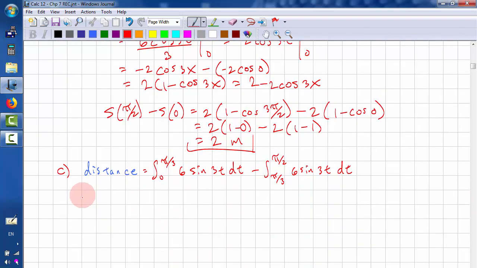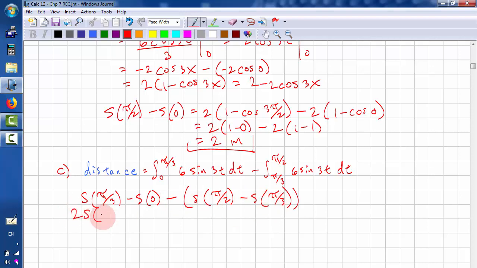And if we're doing distance, we have s of pi over 3 minus s of 0, minus s of pi over 2 minus s of pi over 3. We can simplify this. We have a minus minus, so this is 2 s of pi over 3 minus s of 0. We've already calculated s of 0 here, and that's 0.